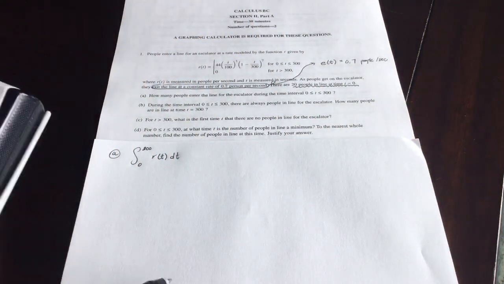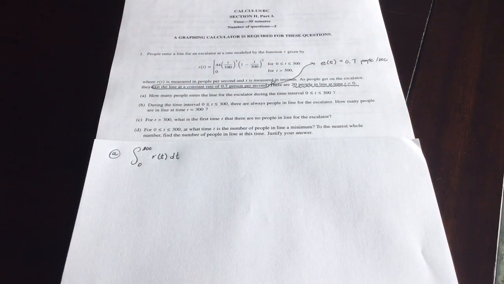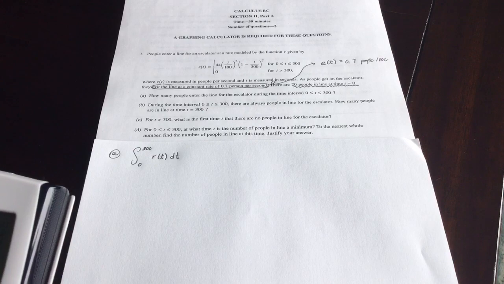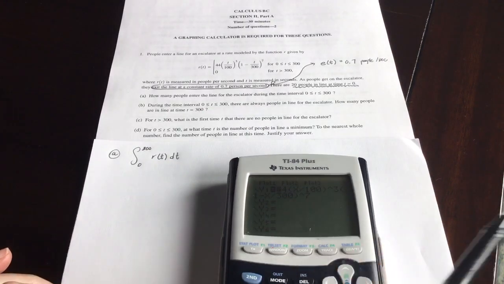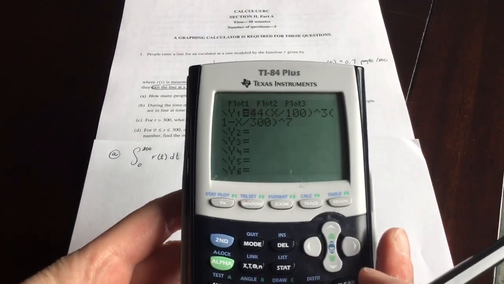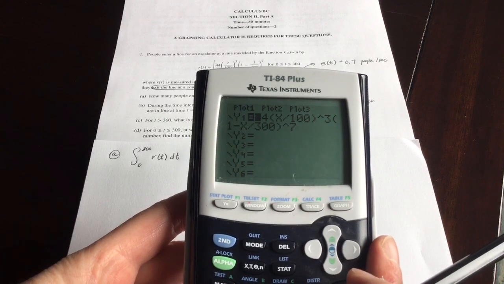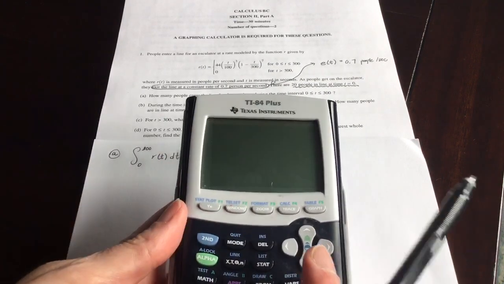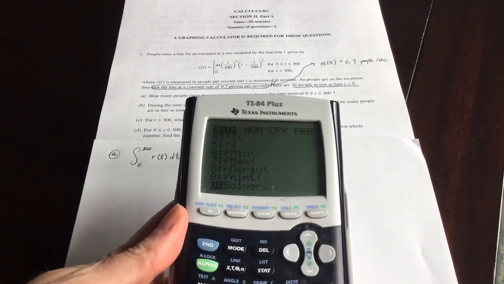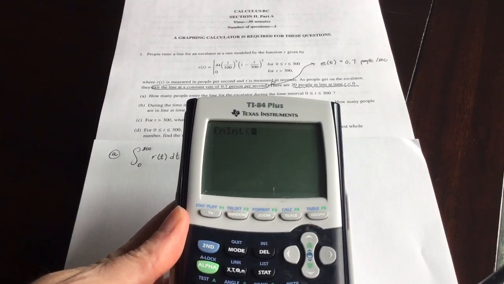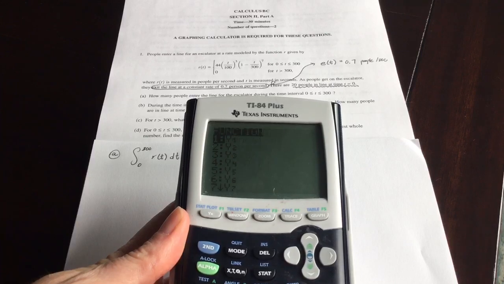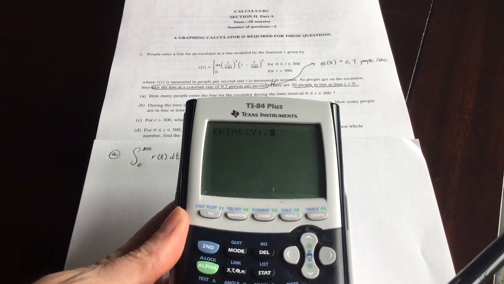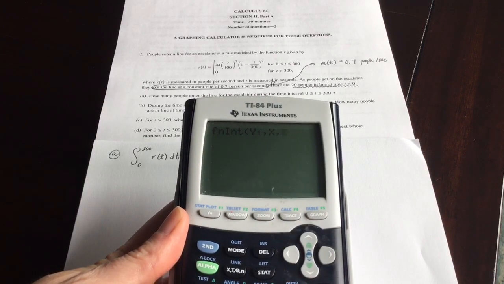So to do that, I've already typed it in, so I won't bore you with those details. I just type in r of t as given, and then do our usual insert that function, integrate with respect to x, and then use your appropriate bounds.